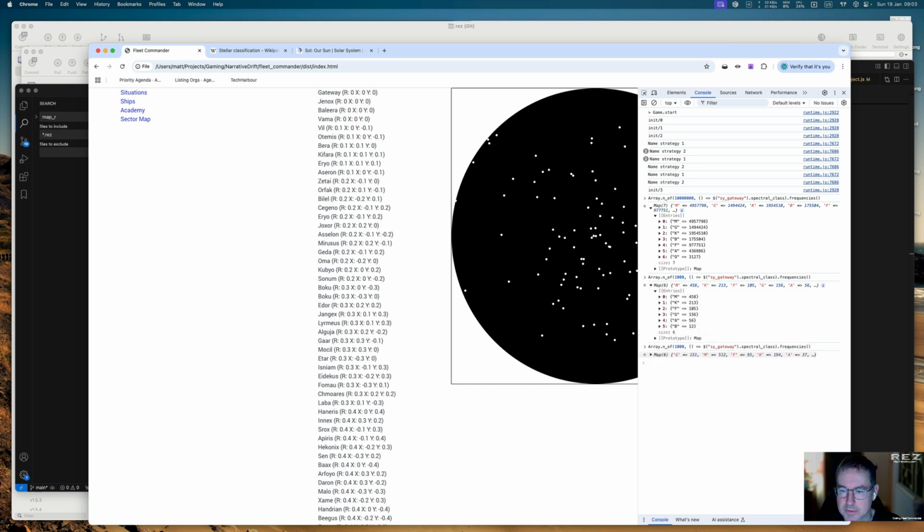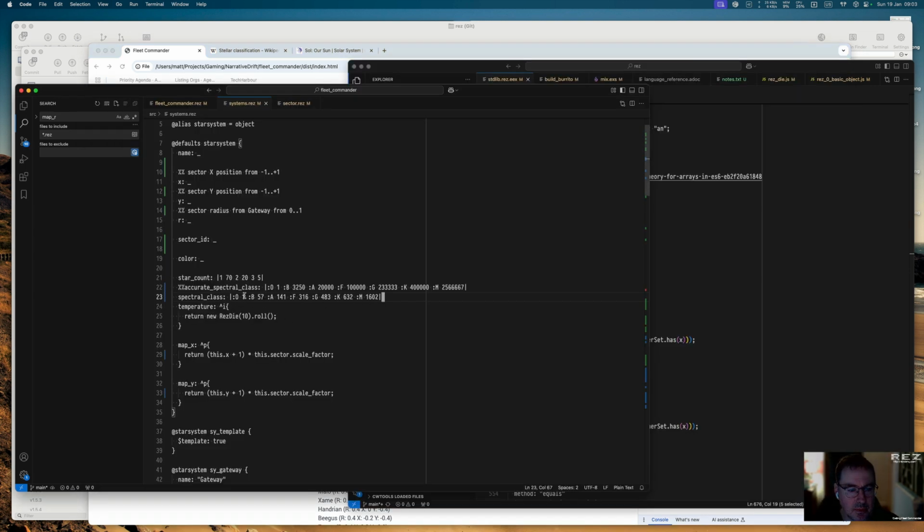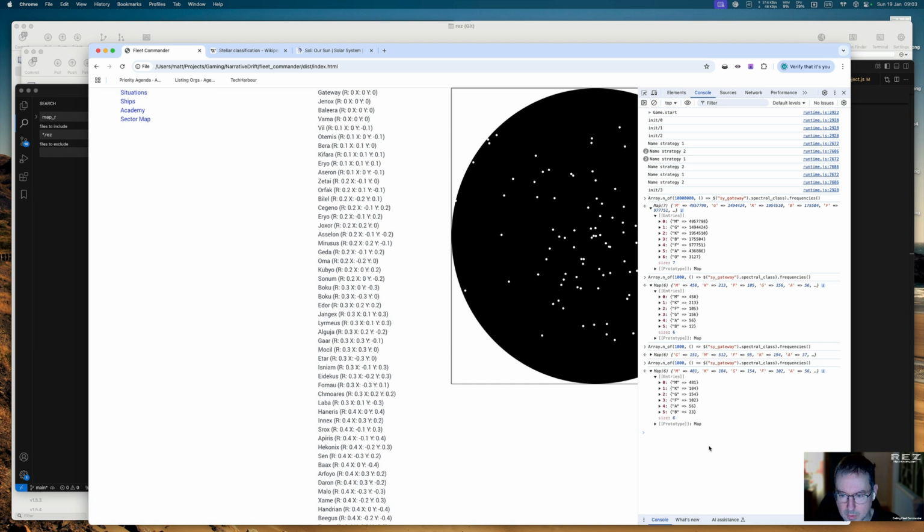Do it a couple of times. Right, so with 1,000 stars, our probability of getting an O star is still, one more time, let's see if we fluke an O star. Yeah, okay, so we fluked an O star, so in 1, 2, 3, 4 runs, we got 1 O star.